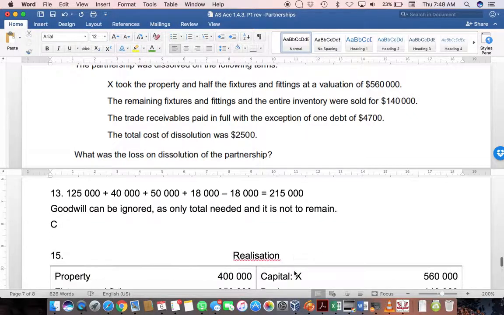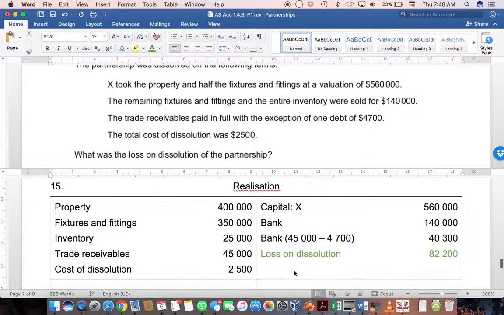Well, in order to work out a profit or loss on dissolution, the easiest thing to do is to draw up a realization account. Now, remember that the realization account is very similar to an asset disposal account that you would have drawn up when you sold or disposed of any non-current asset.